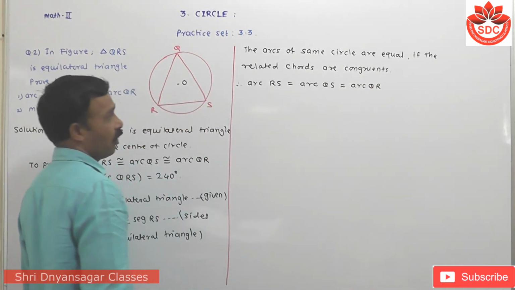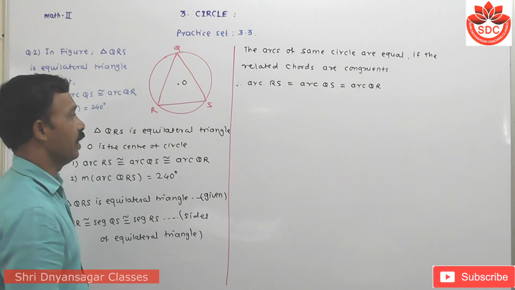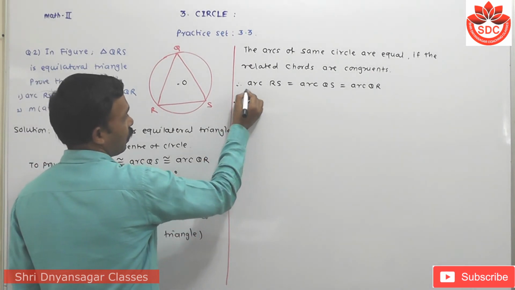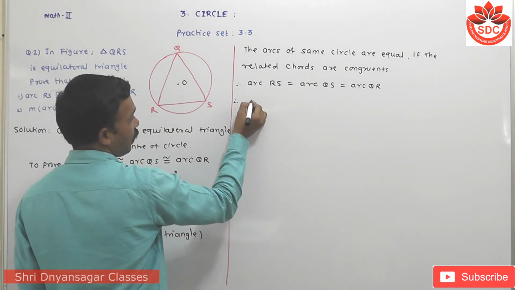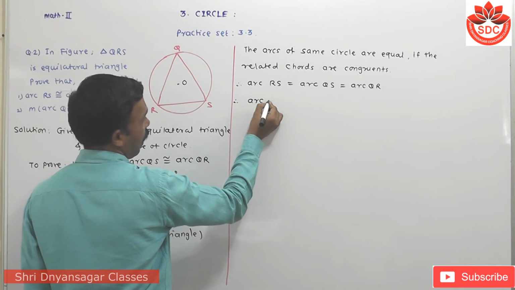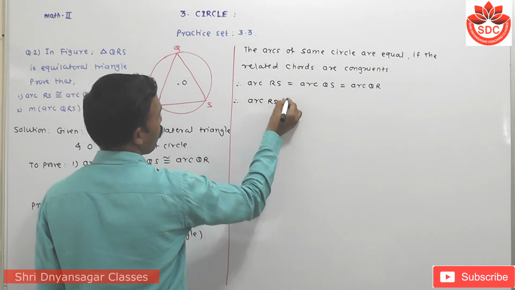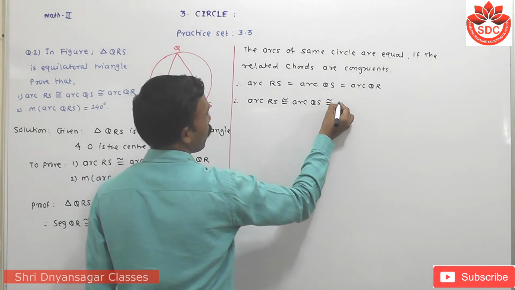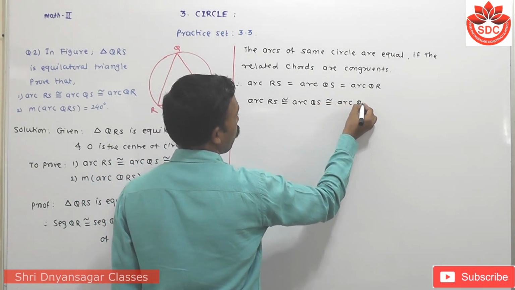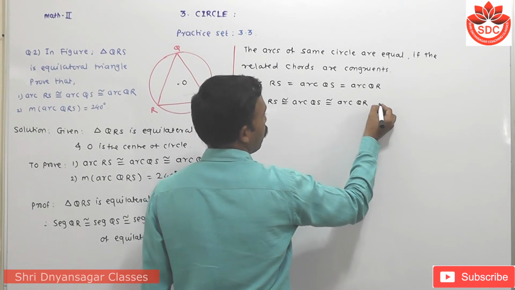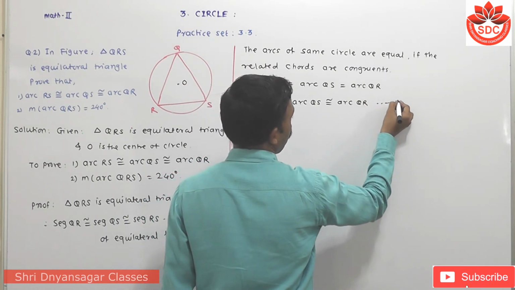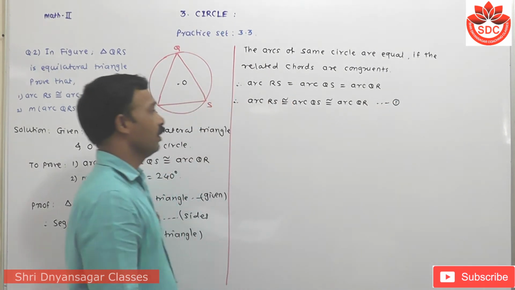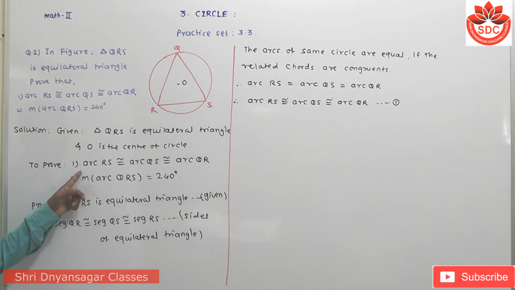You also write here that the measures of arcs are equal. Therefore, these arcs are equal. Means that they are congruent also. Means that arc RS is congruent with arc QS is congruent with arc QR. This is our first statement which is proved.